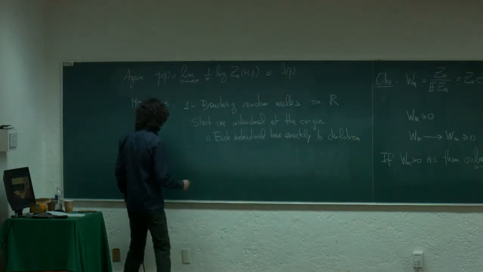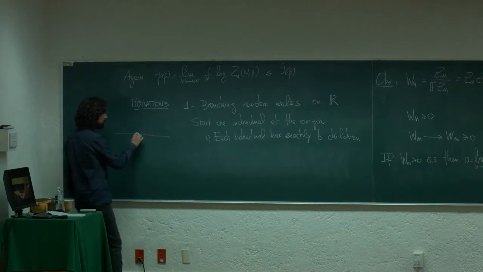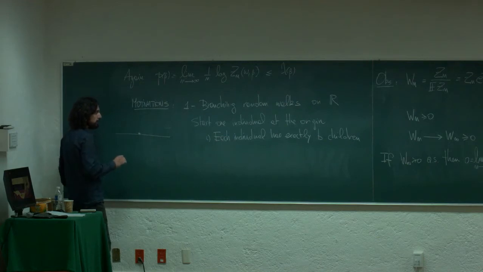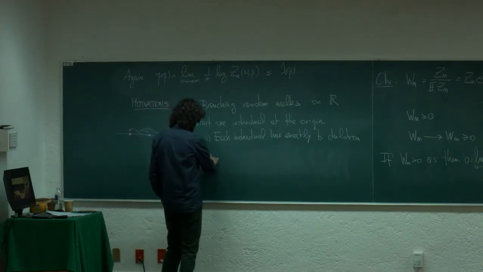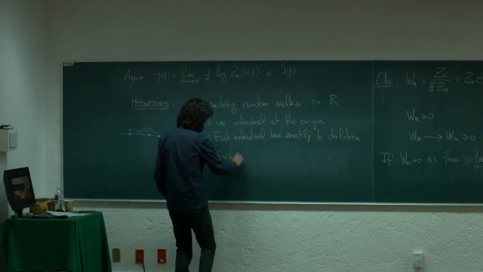So let's say you start with your single initial individual, then at time 1 it will split into B individuals, and each of these will make a random displacement. So at time 1 you just erase this one, and you position its children according to random positions. So each of them performs a jump with law omega.